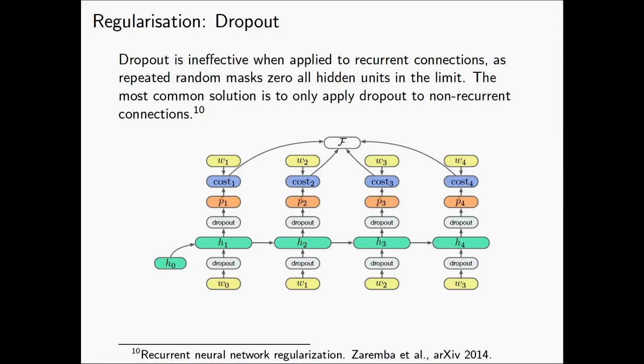And this is basically the approach advocated by Wojciech Zaremba in the reference I give at the bottom there. So my little dropout boxes there show that we can apply dropout when the input comes in, we can apply dropout when the output goes out, but we won't apply it through the recurrent connections. And that's pretty effective. It gets you a reasonable amount of regularization and reasonable stability in these models.